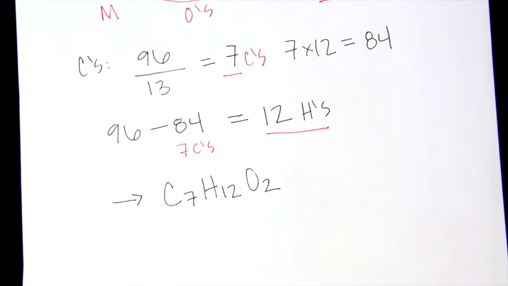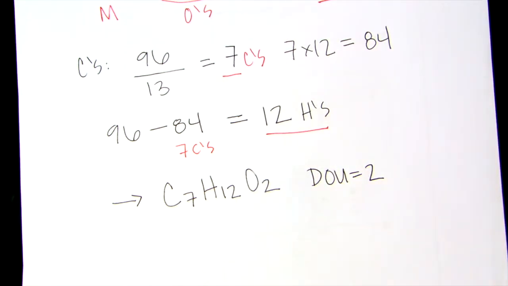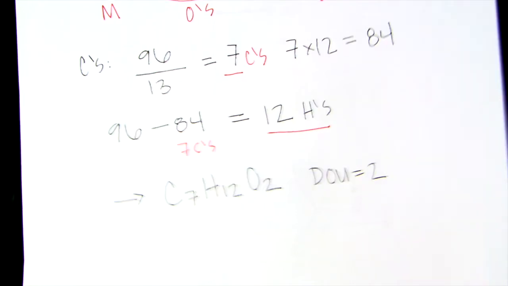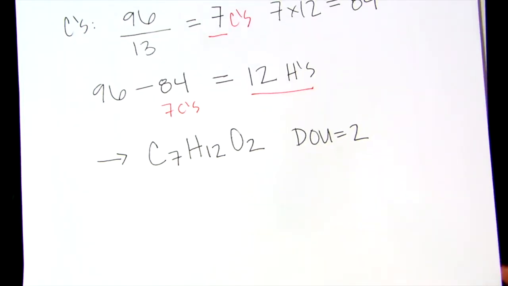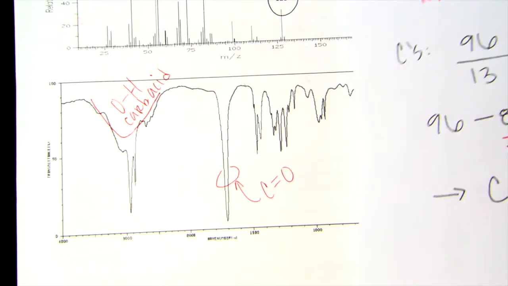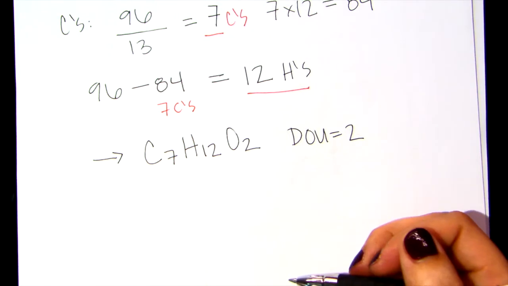And then if we calculate that DOU, I'm not good at doing the math in my head, but DOU equals 2, which is a much more reasonable number, right? And again, with the IR evidence, we want to make sure it's consistent with the IR as well. It looks like we don't have any sp2 hydrogens, and we don't have any alkene or aromatic evidence, which is consistent with the DOU. We don't have an aromatic ring.